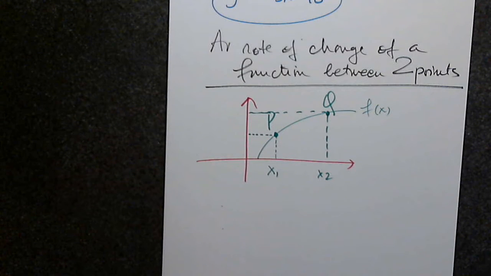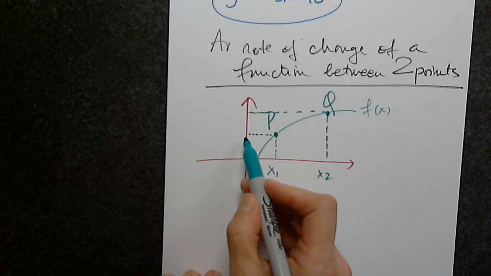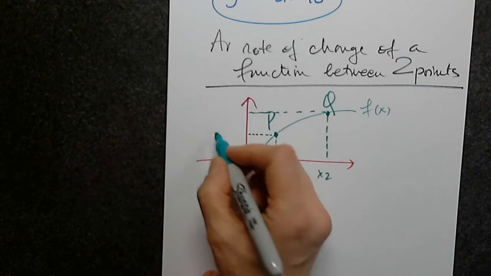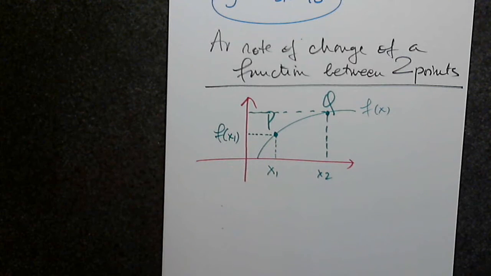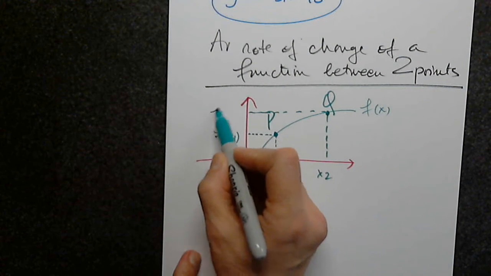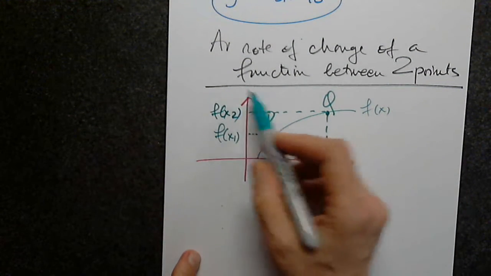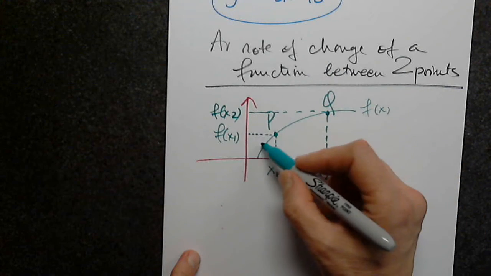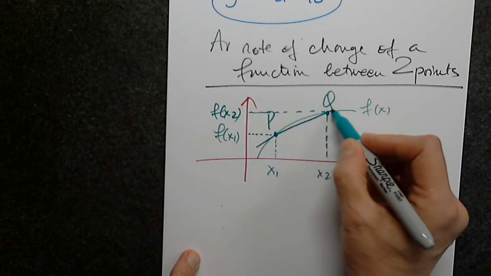Good. So now I'm telling you the x-coordinate is x1. What is the y-coordinate? Excellent. Please remember that this is a crucial, super important idea. Okay, what is the y-coordinate of Q? Excellent. So the average rate of change is nothing else but the slope of this line.